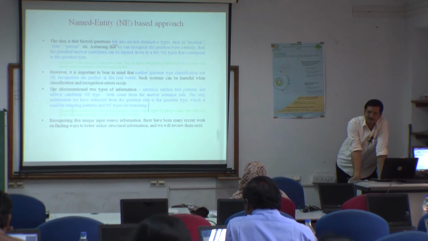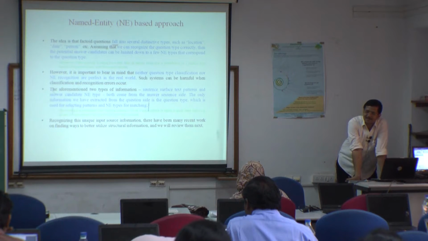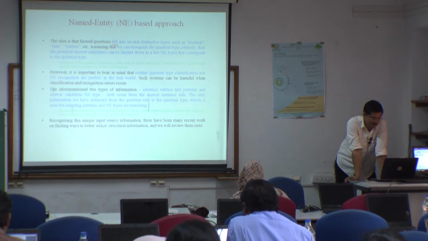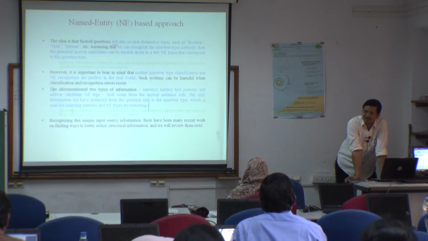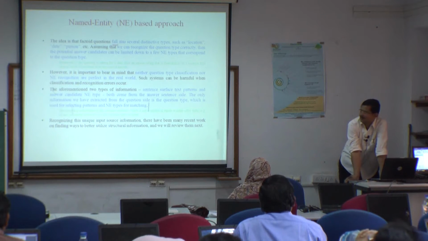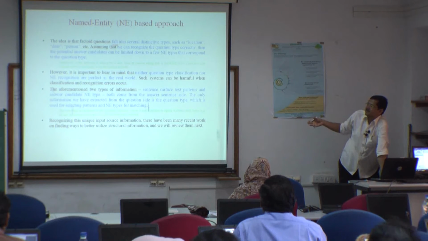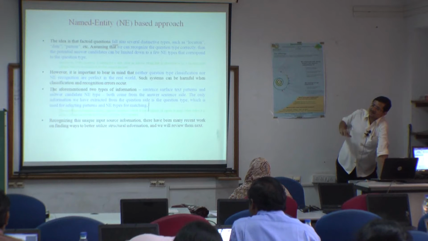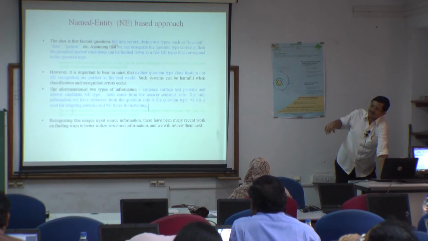Actually, in text mining there are a lot of terminologies. I am just discussing the logic behind the different techniques to extract the answers. I am not going into detail, because this is collected from different papers, and I am just describing the core idea of all the research work that already exists.